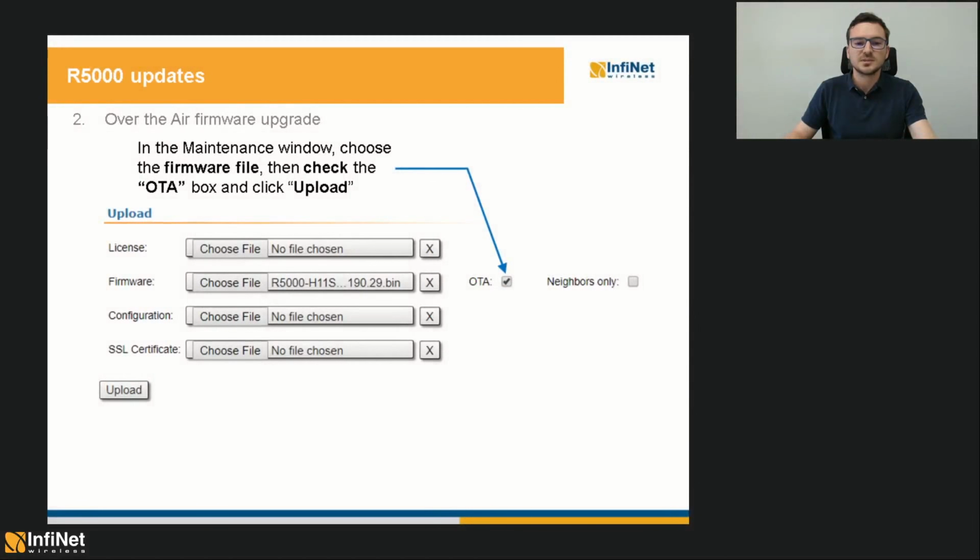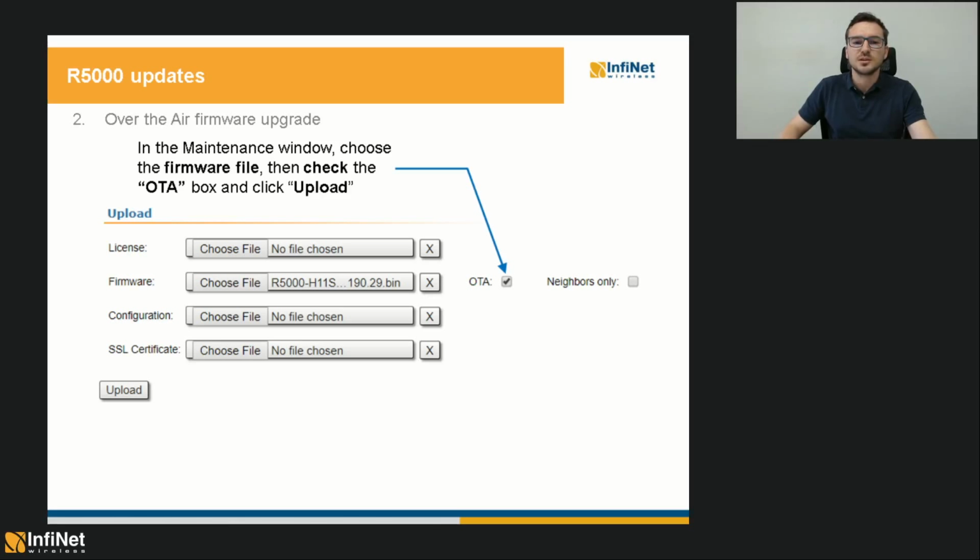The next very important update of the R5000 platform is the over-the-air mass firmware upgrade, available since firmware 1.90.27. This feature enables you to perform firmware upgrades to all the Infinet devices in your network much more easily than before.